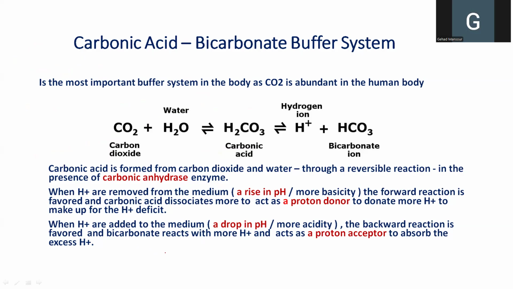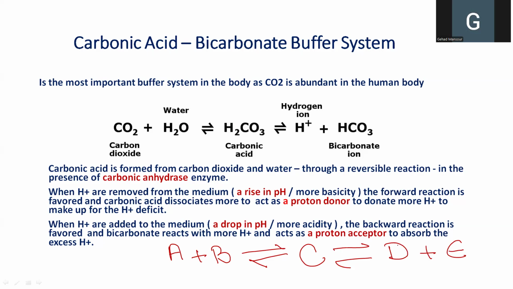If we have a reagent A and a reagent B, for example, that reversibly unite to form substance C, and if substance C reversibly dissociates into D and E, I'm trying to simulate the reactions above. So these are the products of the reaction.